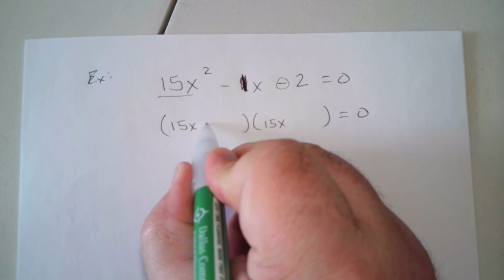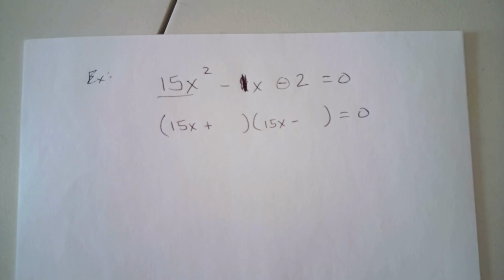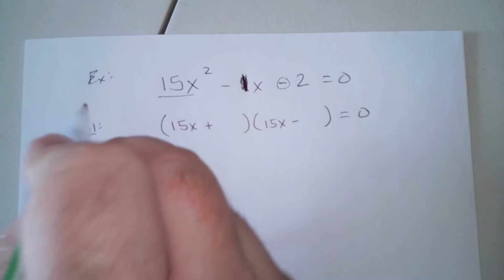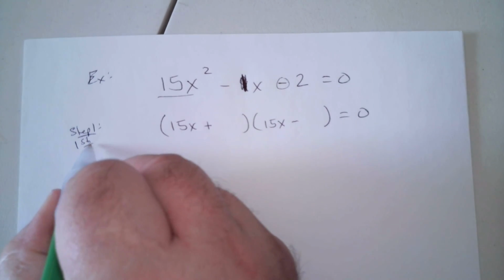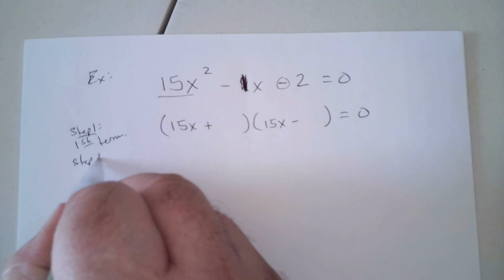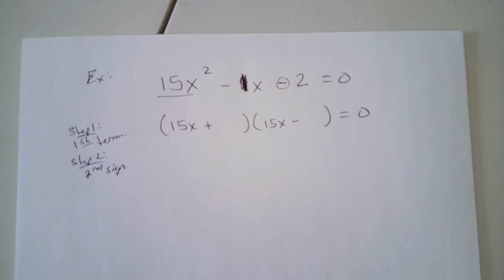It's a minus, so that means they're opposite signs. Step 1, first term. Step 2, second sign.